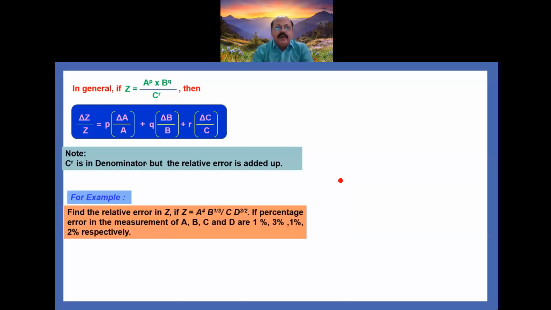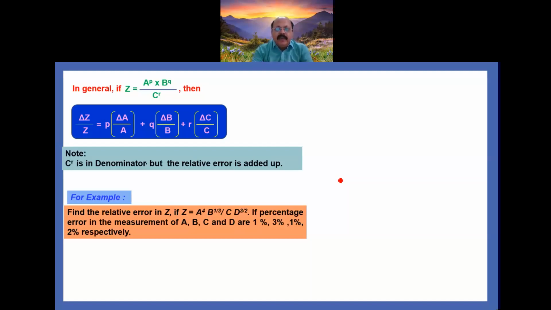For example, find the relative error in Z if Z equal to a raised to the power 4 b raised to the power 1 by 3 upon c d raised to the power 3 by 2, if the percentage errors in the measurement of a, b, c and d are 1%, 3%, 1% and 2% respectively.